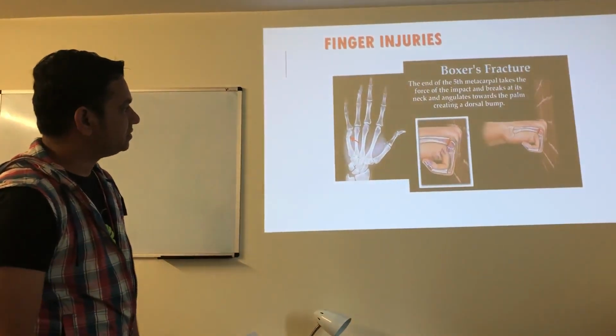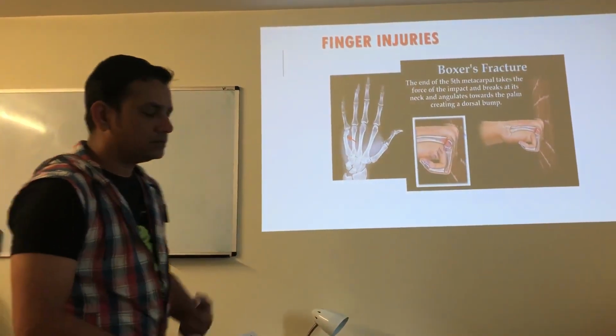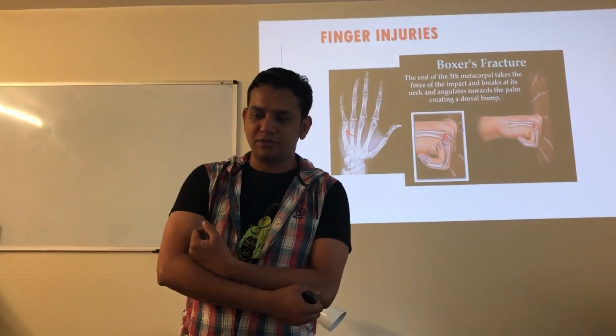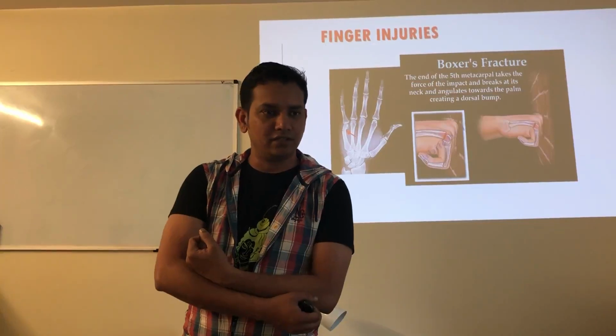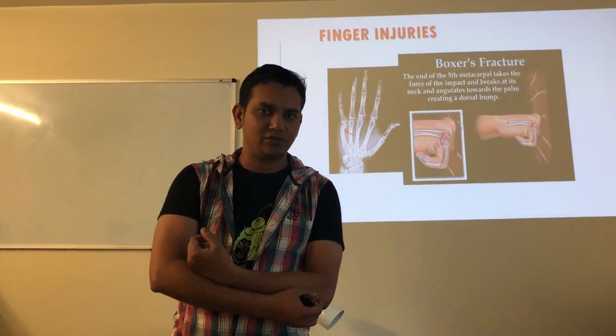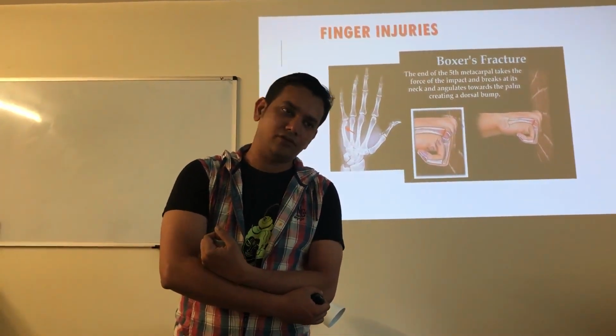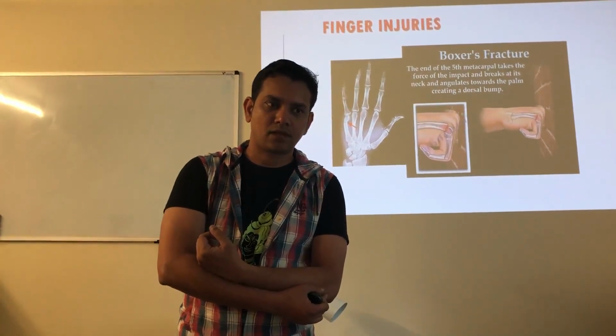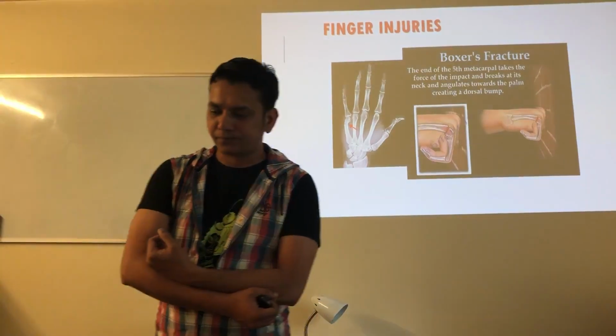So when they punch, they break it. The thing which is important is which patient needs to be surgically treated immediately versus which patient needs to be sent home and follow up with fracture clinic. The dislocated one needs to be treated immediately.